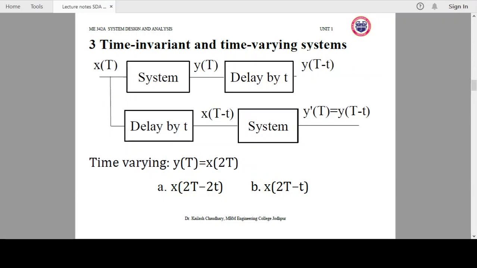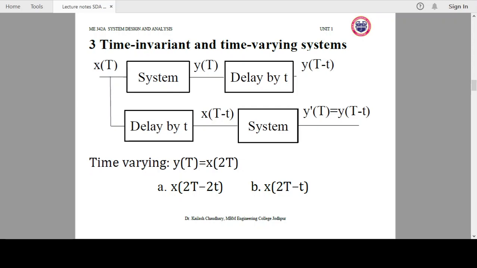Next come the time invariant and time varying systems. I will explain this through a diagram shown on the screen. There is an equation shown below this diagram, y(t) equals x(2t). Let us try to understand this. If you pass through the system first and then through the delay, then the equation changes like the above one.